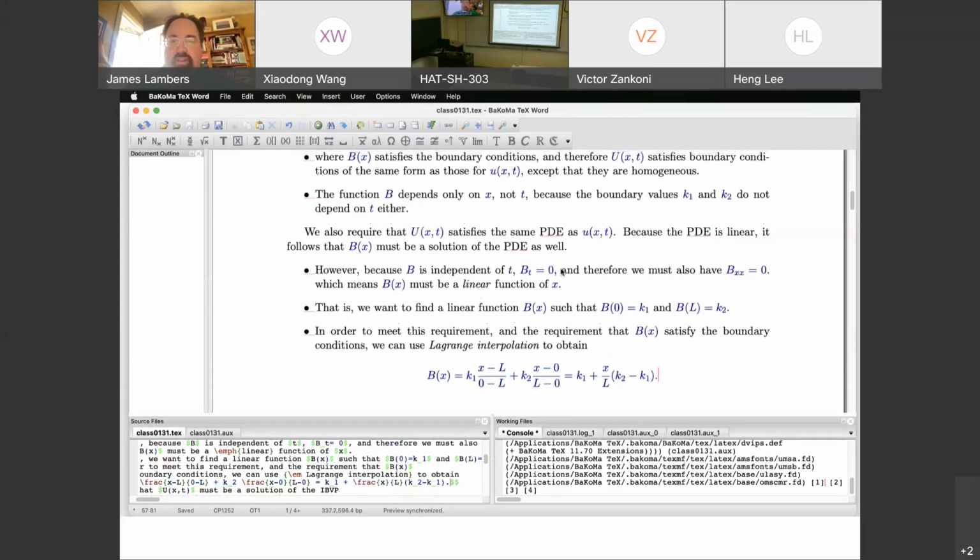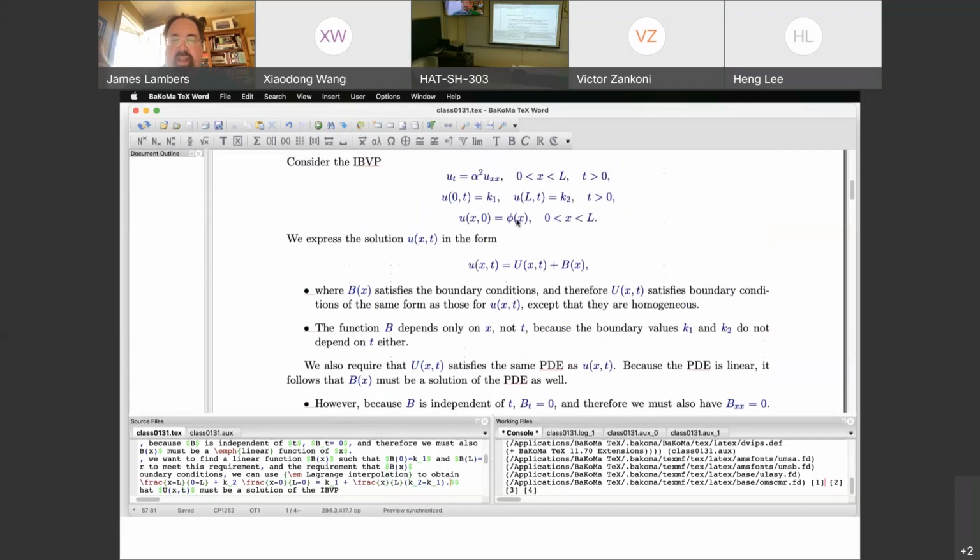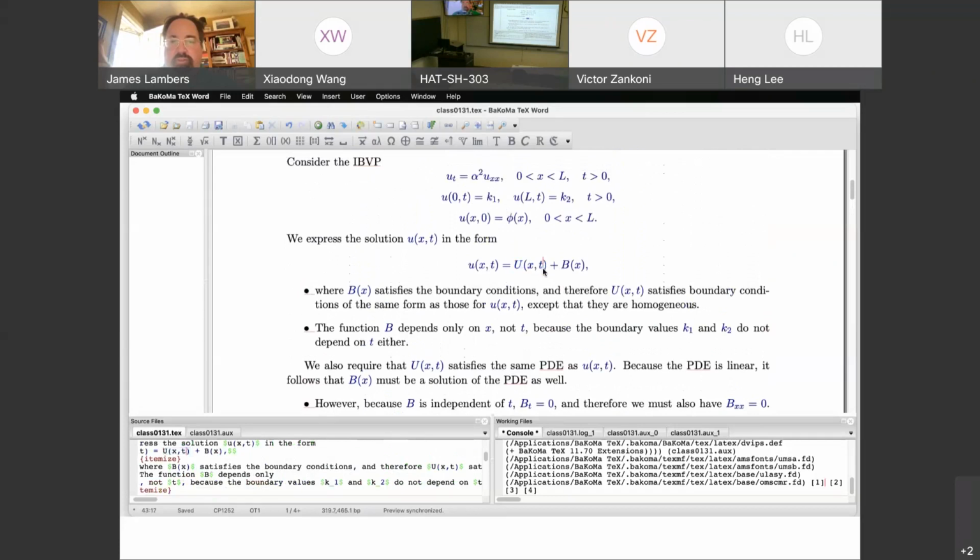What I'd like to do is have my new solution for my transform problem satisfy the same PDE as the original one. But since the PDE is linear, if this satisfies the PDE and this satisfies the PDE, then this has to also. And because it's a function of x, I know it's going to satisfy this because there's no t dependence. But the only way it can satisfy the PDE and this is for it to satisfy this too. And this must also be 0.